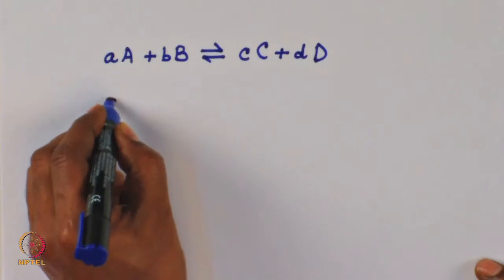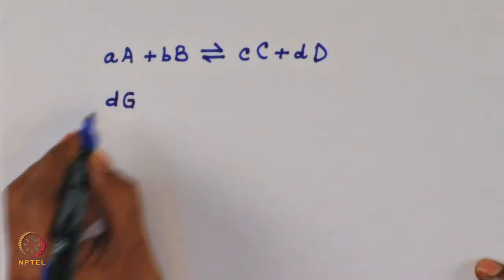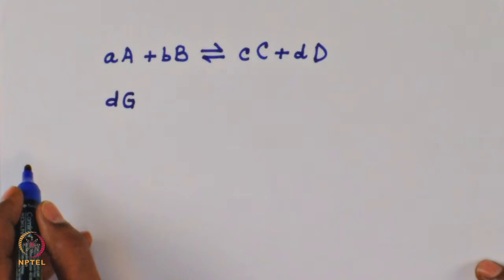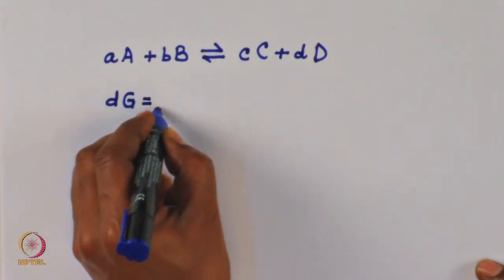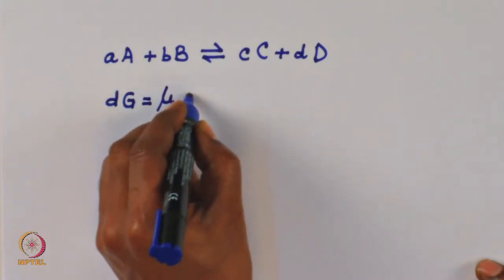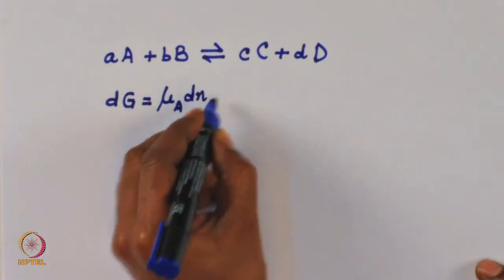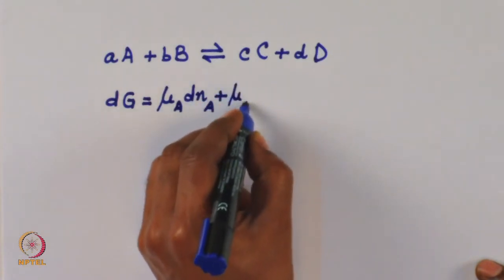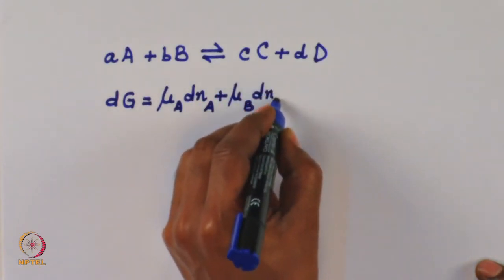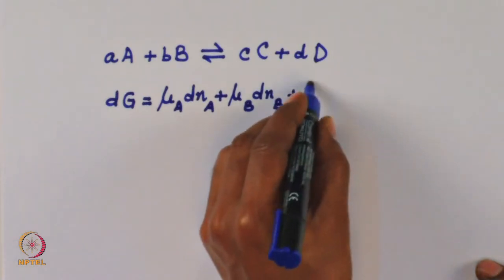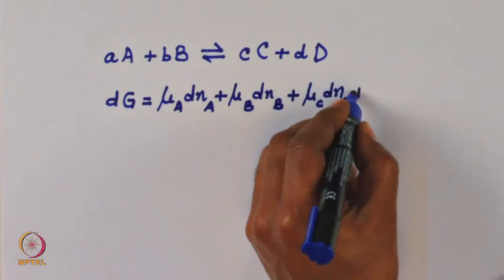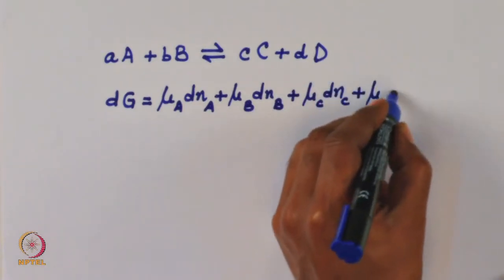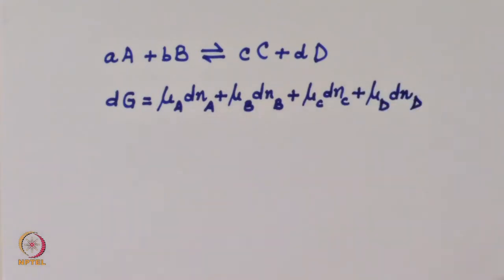First step is, let us write down that when the reaction advances by a small amount, the change in Gibbs energy will be equal to mu A dn A plus mu B dn B plus mu C dn C plus mu D dn D. This is the first step.